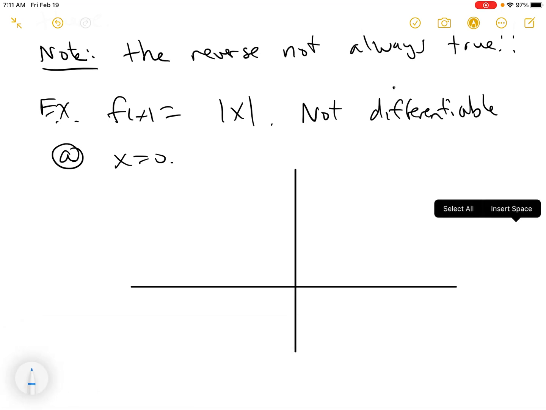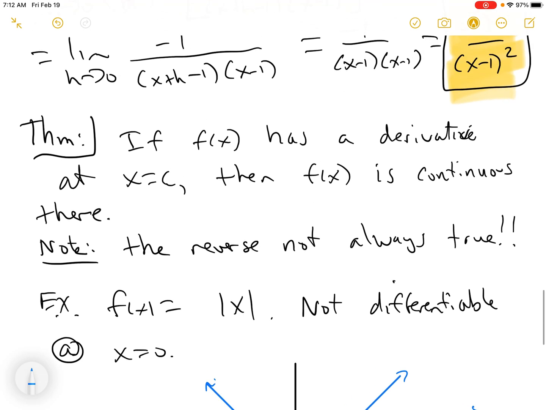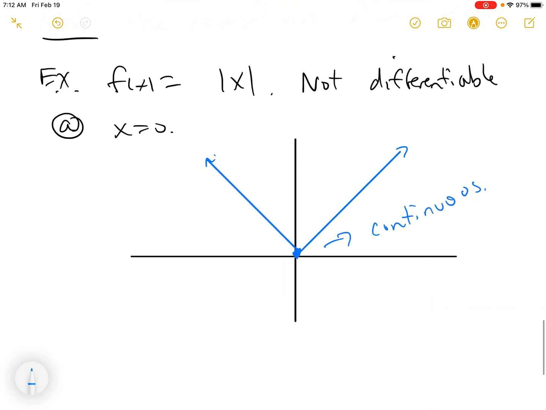So if you graph it, you get this V here. So the point's there, so it's continuous there. But it's not differentiable. So continuity does not imply differentiability, but the reverse is true, and that's what this theorem says.